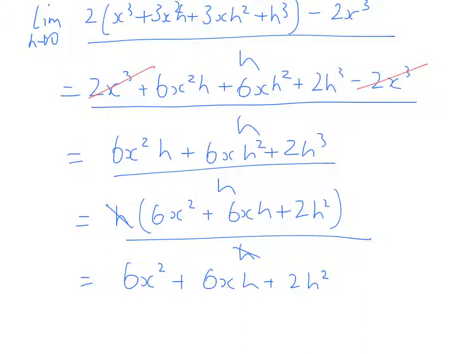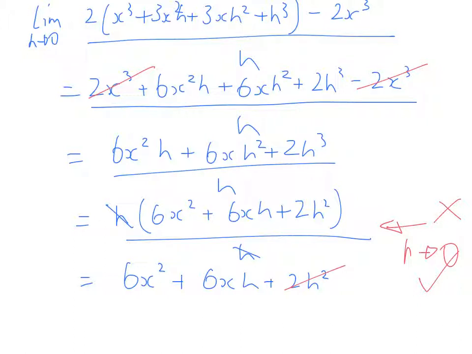Now, of course, we know that h is getting very close to 0, as previously. We have an issue with dividing by h here because it's 0. h is getting really close to 0, so we can't divide by 0. We can't just let h equal 0. But here we have no issue. Here we are allowed, because if h is approaching 0, 2h squared is pretty close to 0.